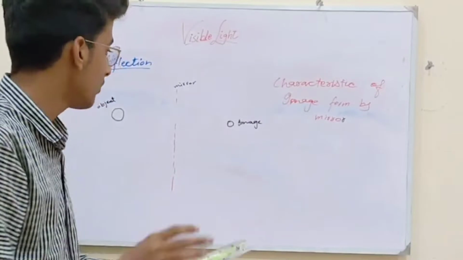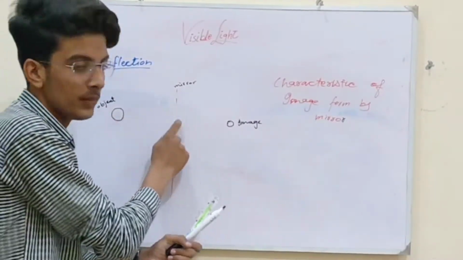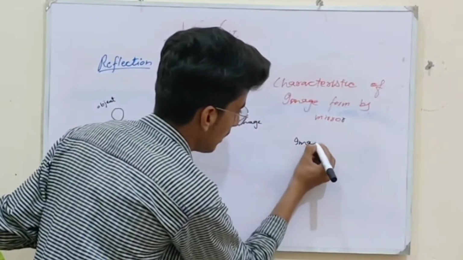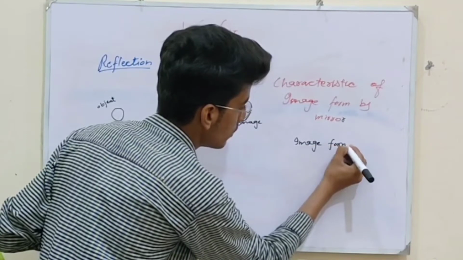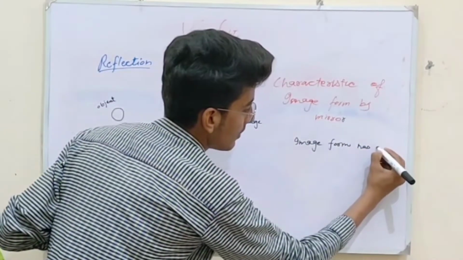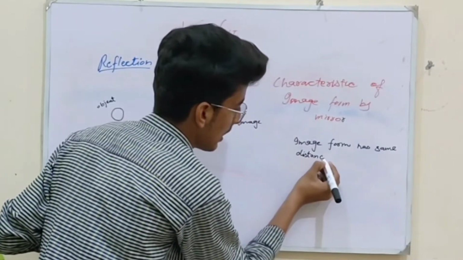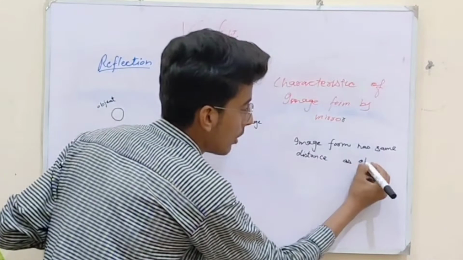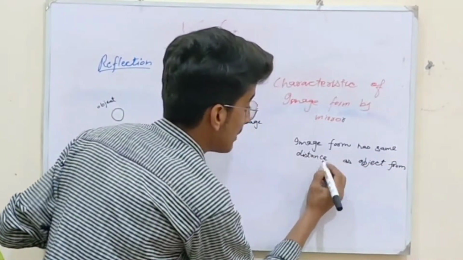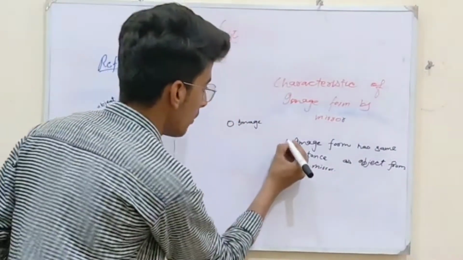The image formed has the same distance as the object from the mirror. This is number one.